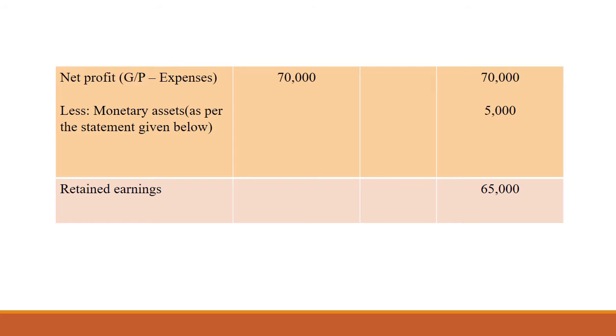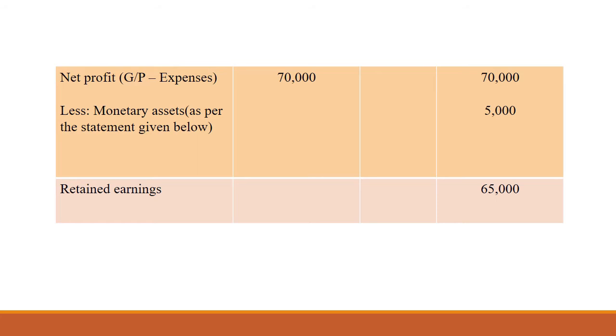In the restated figure, 1,60,000 minus 90,000, 70,000. This is how we obtain the net profit. Now, monetary loss as per the statement given below, we have to restate this 5,000. After subtracting this monetary loss from the net profit, we obtain the retained earnings as 65,000.